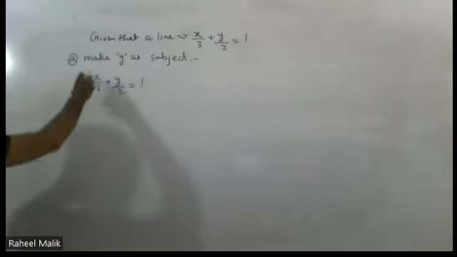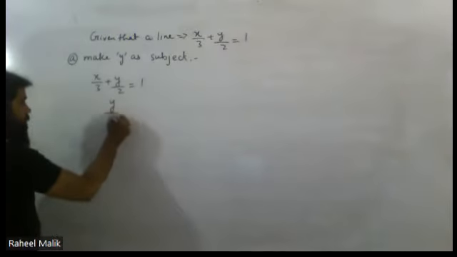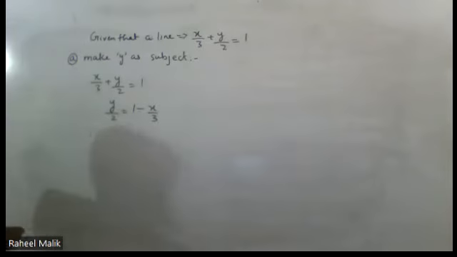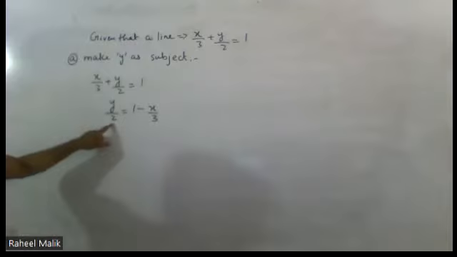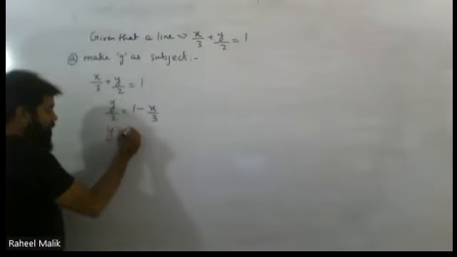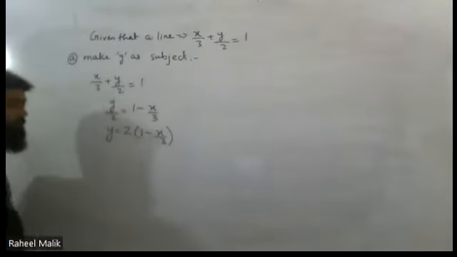So shifting it over here, y upon 2 equals 1 minus x over 3. Now this 2 is under y, I can shift it over here. This will become y equals 2 times (1 minus x over 3).